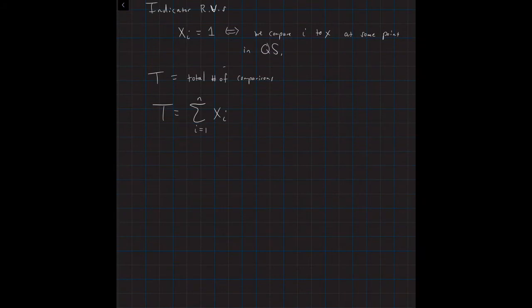We're going to break down the problem of figuring out the total number of comparisons by just looking at whether a specific item was compared to x or not. And of course, if this is not true, then xi will be equal to 0. So when I say if and only if, the alternative is xi equals 0. We call these Bernoulli random variables, but it doesn't really matter. It's just a special kind.